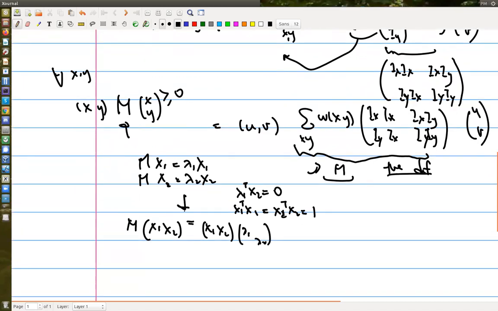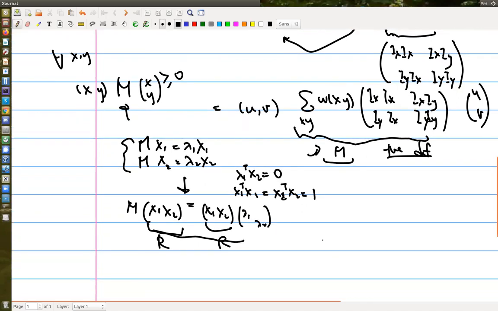You can verify that. This is the same as these two equations, I just write it as one equation here. And then this will be an orthogonal matrix, I can call it R here. It's actually just a rotation because if you look at R transpose R, it will give you the identity.